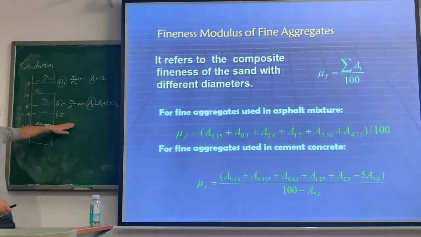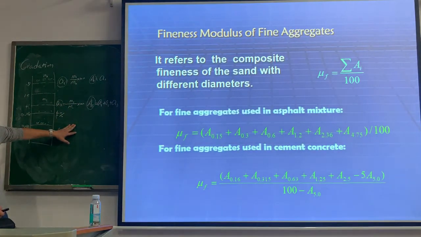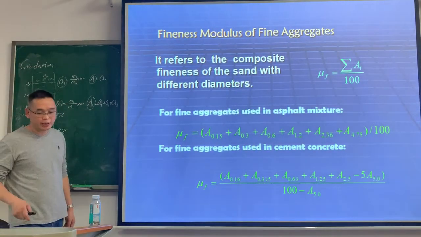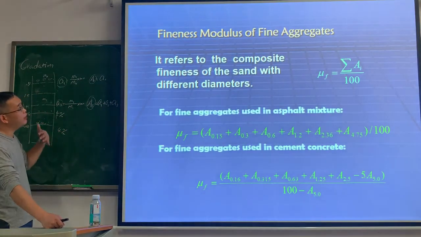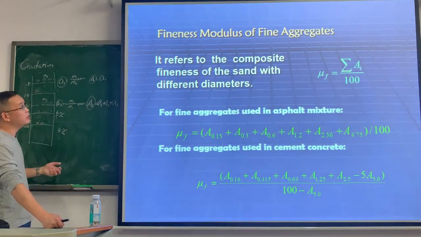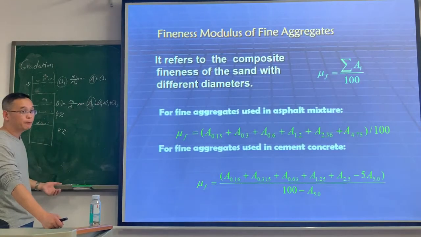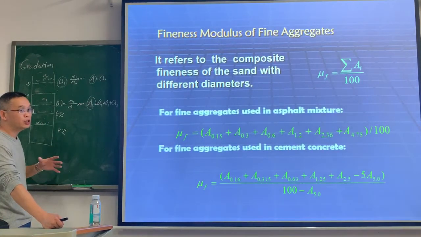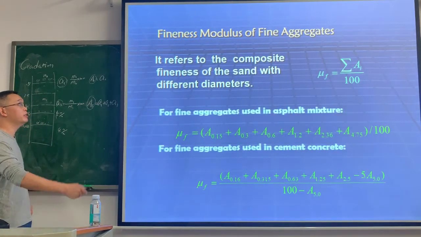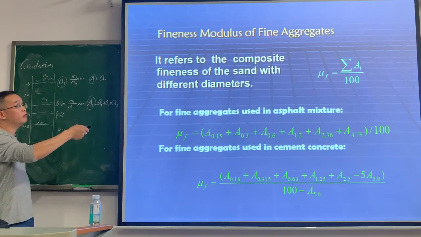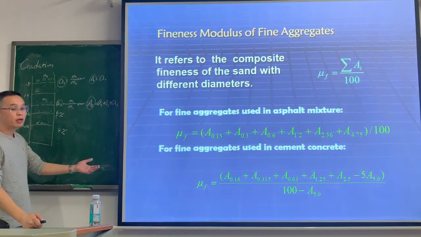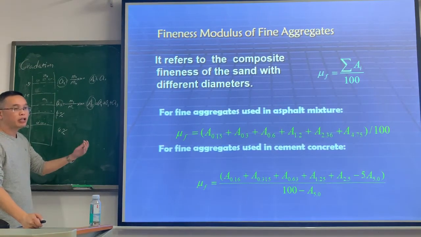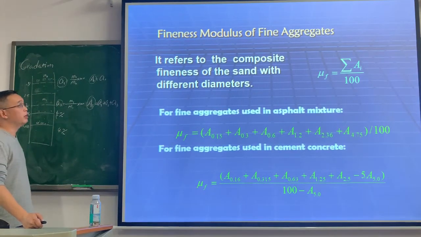So that is what we have learned about the gradation. And for how to evaluate the values of the aggregate, maybe we can divide them into two parts. The first one is the fineness modulus of fine aggregates, and another one is for the coarse aggregate.